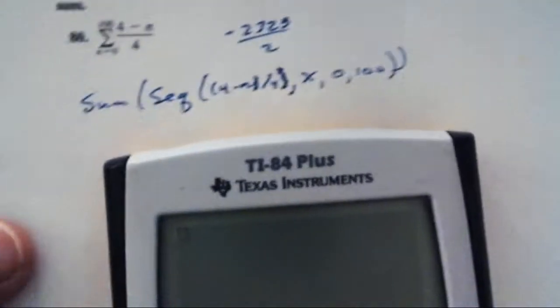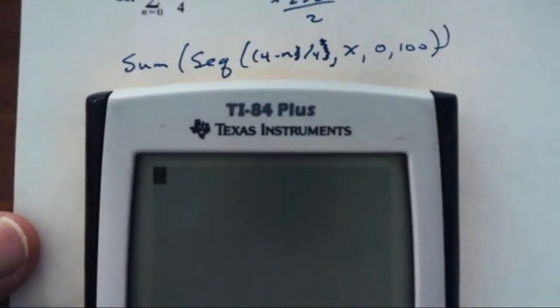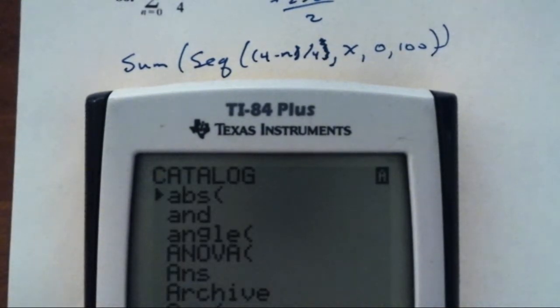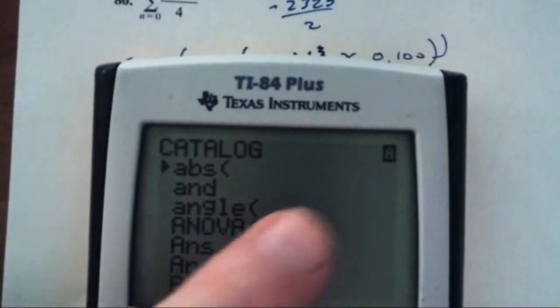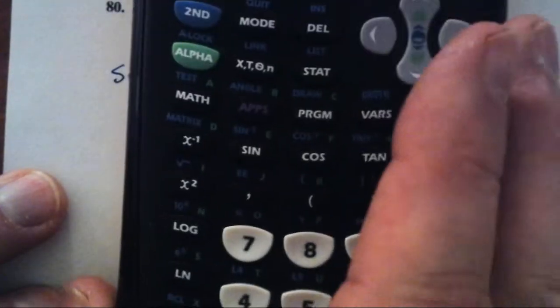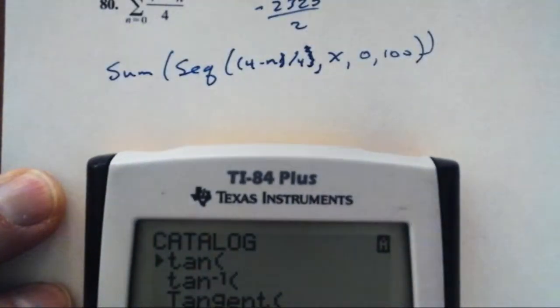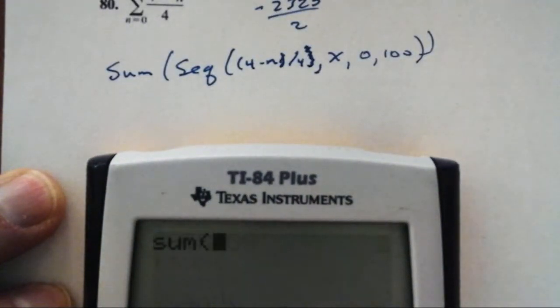Okay, here we go. It's a mess, I'm sorry. I'm going to go to second catalog, which is second 0. I want to go down to the S's for sum, but since sum's near the end of the S's alphabetically, I'm going to go down to T's. Notice we're in alphabetic here. Go down to T, that's T alphabetic 4, gets me down to tangent. Back up 1, sum.